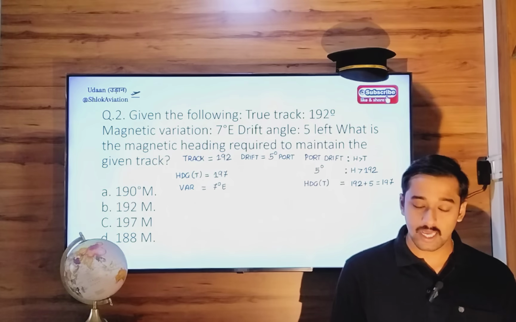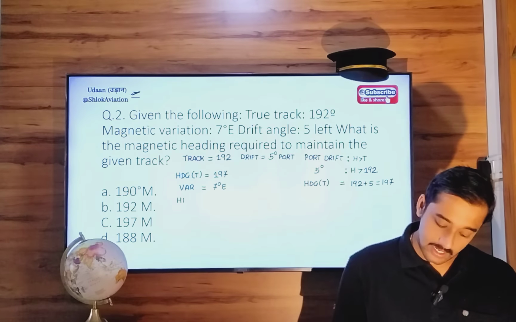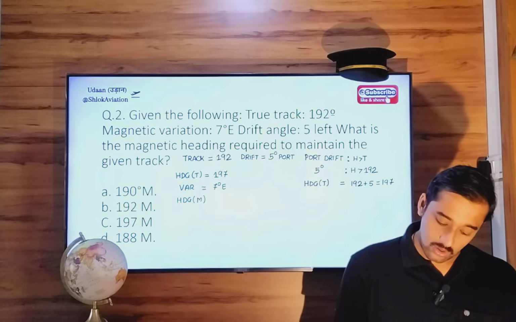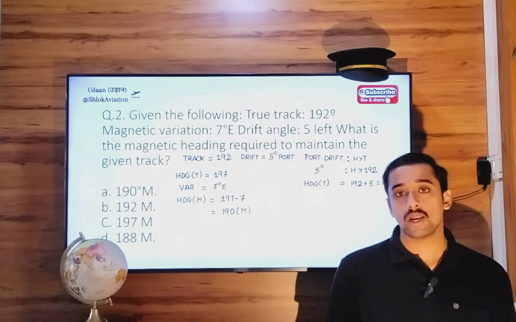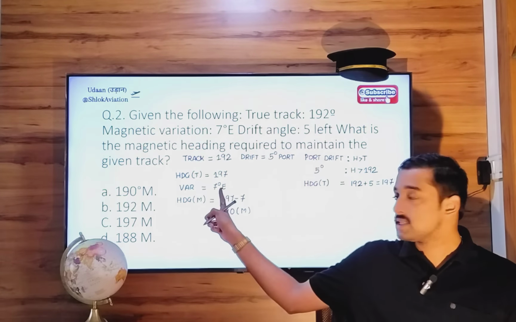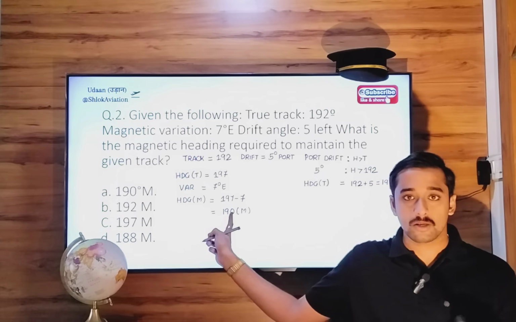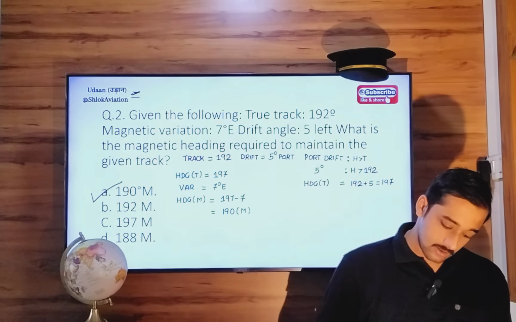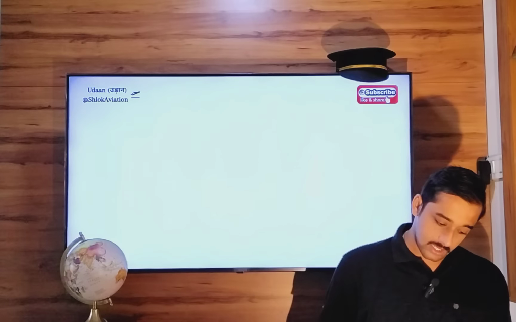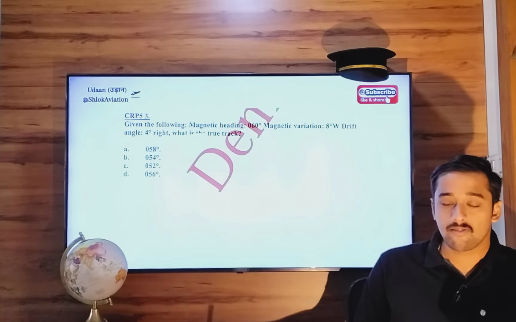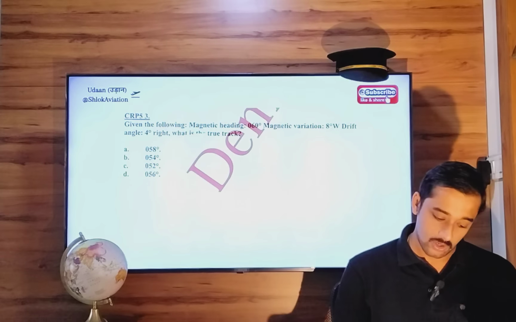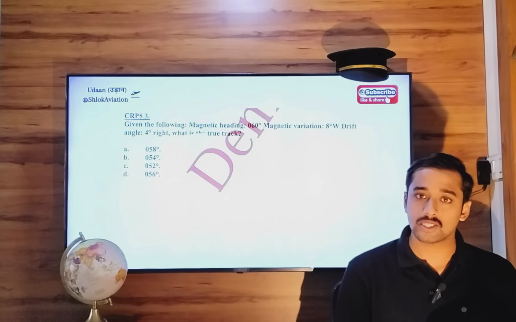With 7 degree east variation, your magnetic heading will be 197 minus 7, 190. 190, because variation east, magnetic is least, therefore subtract it. So option A. Next, question number 3. Magnetic heading is given to you, variation is given to you, drift is given to you. What is true track? Similar to the previous question.